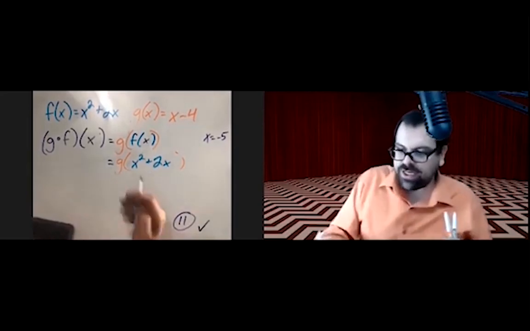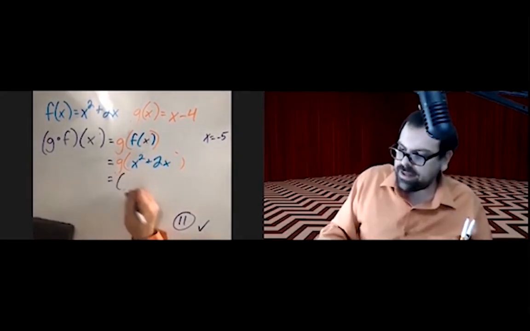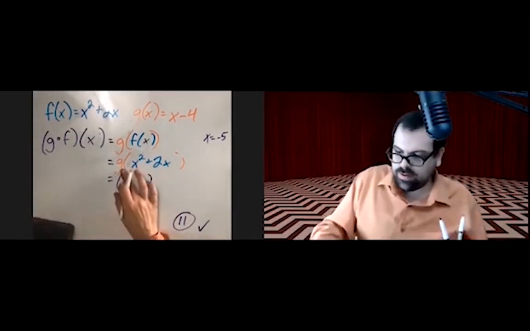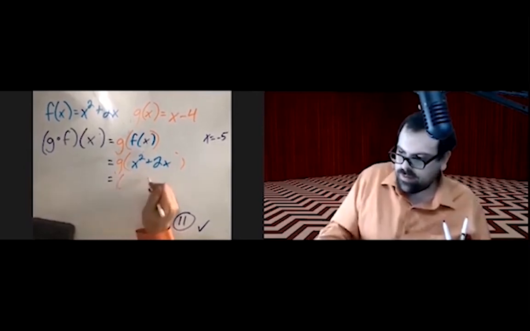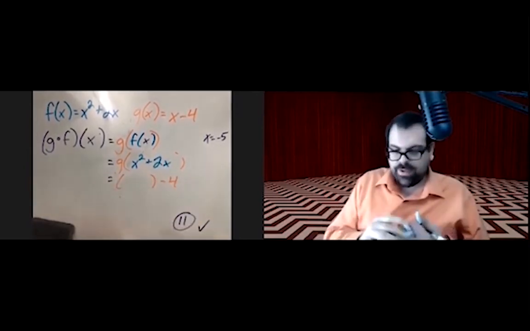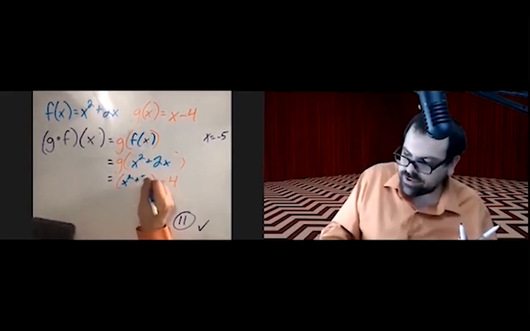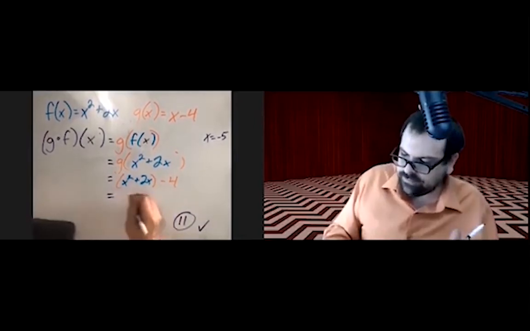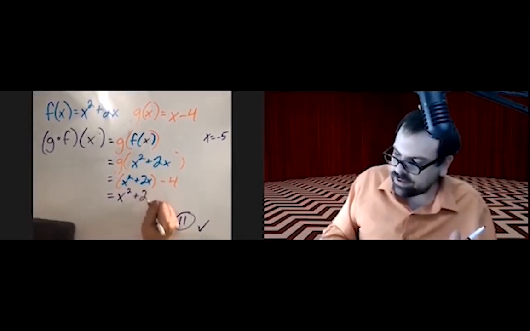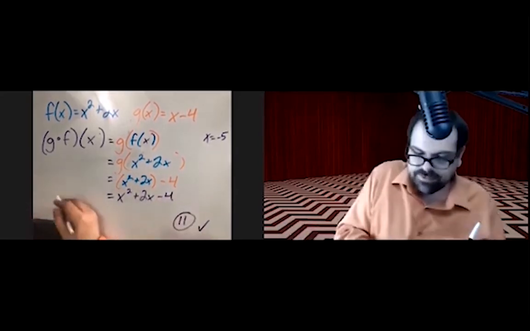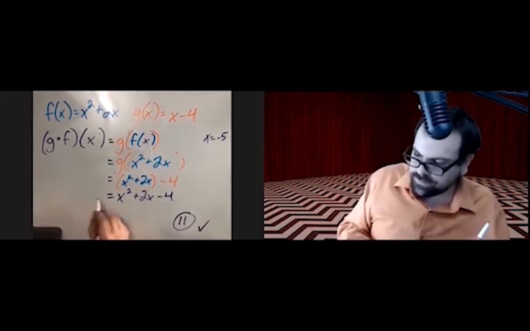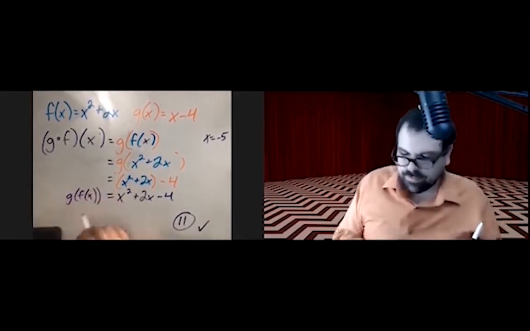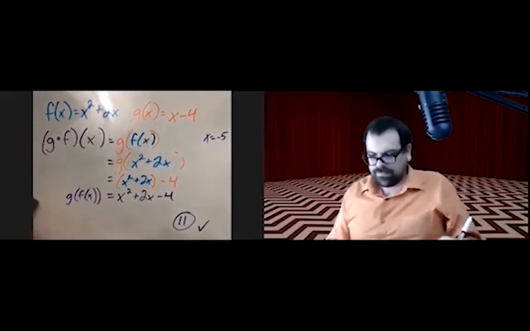Now we're plugging that into G. That's going to be the thing minus 4. The thing is x squared plus 2x. So our function is x squared plus 2x minus 4. That's G of f of x, or G composite f of x.